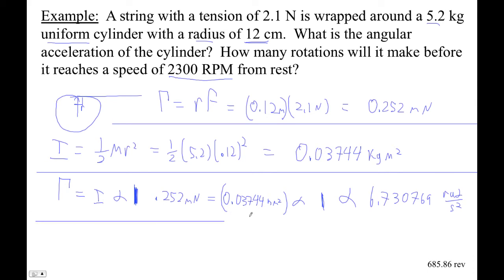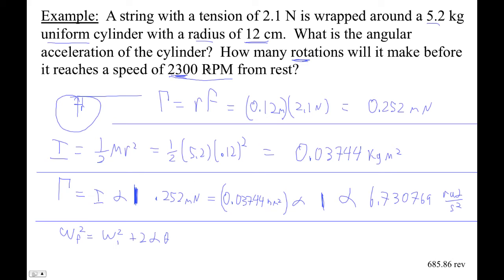Now we're getting to the important stuff. How many rotations will it make before it reaches 2300? Let's see. We have the acceleration. I think we're going to use this one: omega final squared is omega initial squared plus 2 alpha theta. And we're trying to solve for theta. Theta will, of course, be in radians, but that's an easy fix.